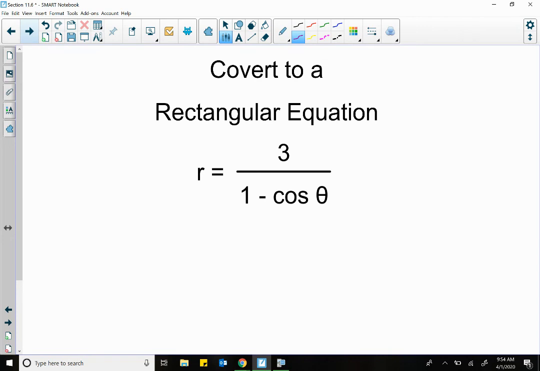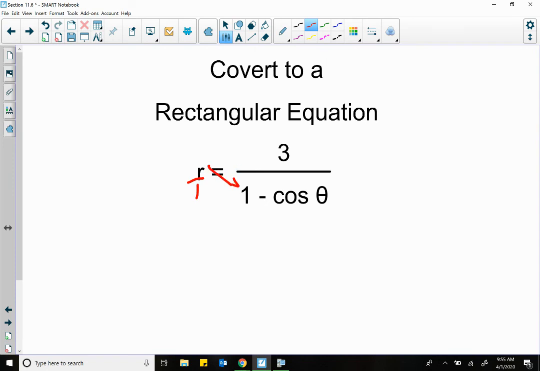Here we go. So for this guy, let's get this cosine stuff out of the denominator. Okay? So let's go ahead and think of this like a proportion. This is over 1, and do some cross multiplying.